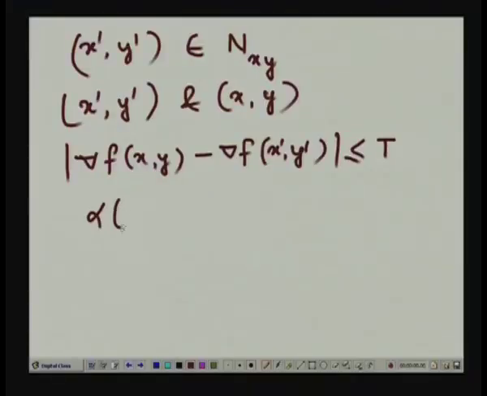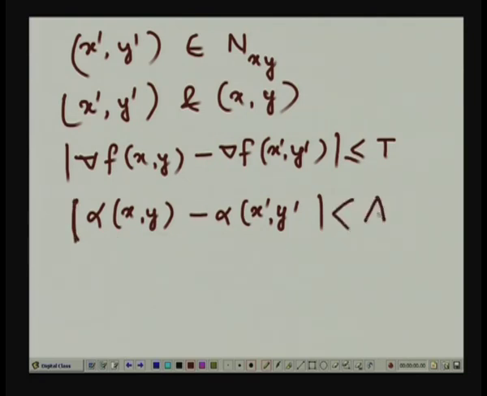That means alpha x, y minus alpha x dash, y dash should be less than some angle threshold A. So, whenever we have a point x dash, y dash in some neighborhood of x, y and the points are similar, that means they have similar gradient magnitude and similar angle for the edge orientation, we say these two points are similar and they will be linked together. Such an operation has to be done for each and every point in the edge detected image to give us some meaningful edge description.